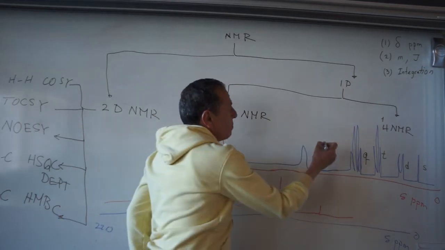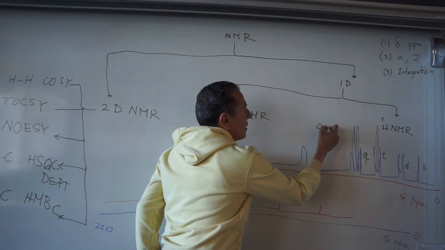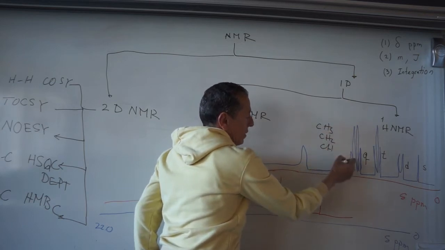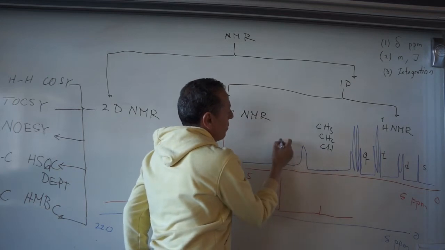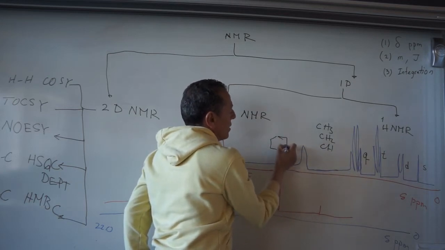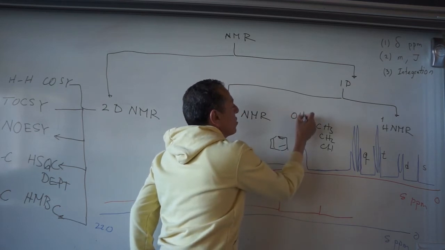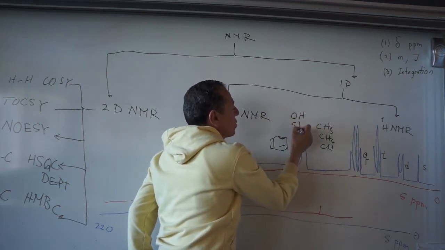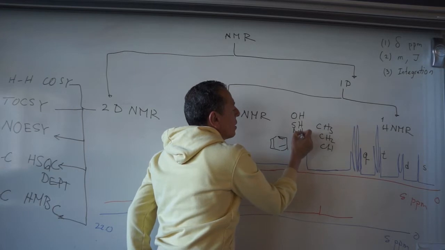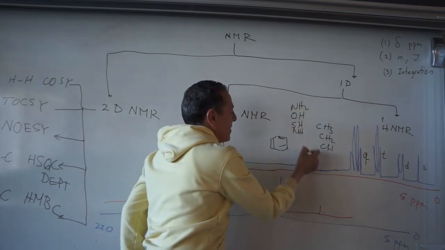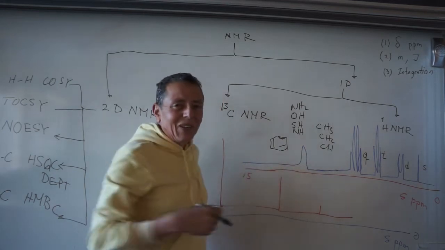So for proton NMR, the proton can be like CH3, CH2, CH, aliphatic, or it can be aromatic, like CH aromatic in a benzene ring. What about this? The functional group like OH, SH, NH, NH2, all this is functional group, and you can see it as a broad peak, so you can recognize it.